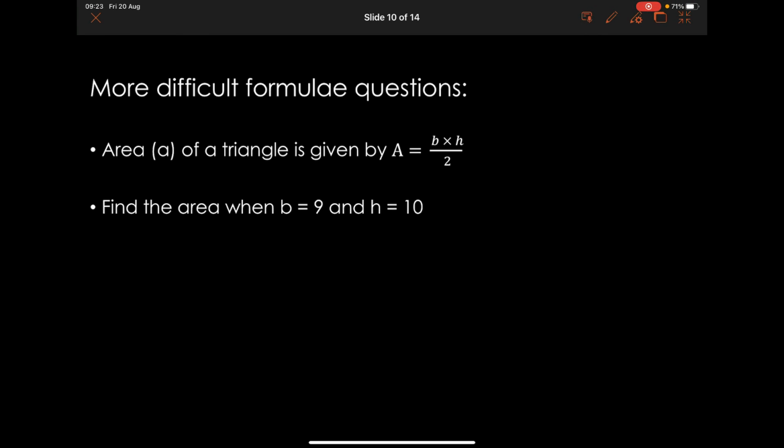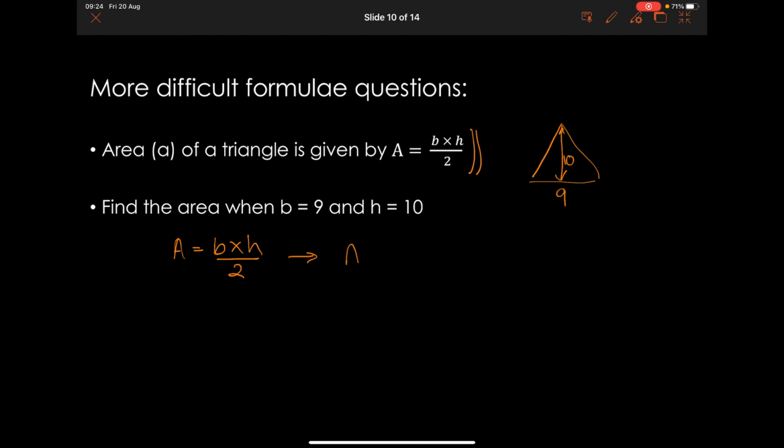Okay, if you've had a go. What it's saying is that the area of a triangle, if I just drew a triangle here, the base is 9, B, height is 10. And you can work out the area of any triangle using this formula here. So A equals base times height over 2.